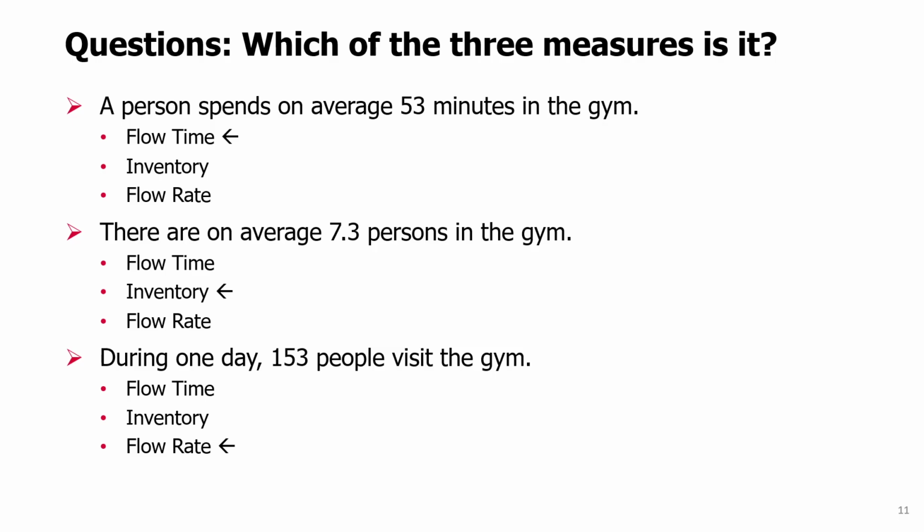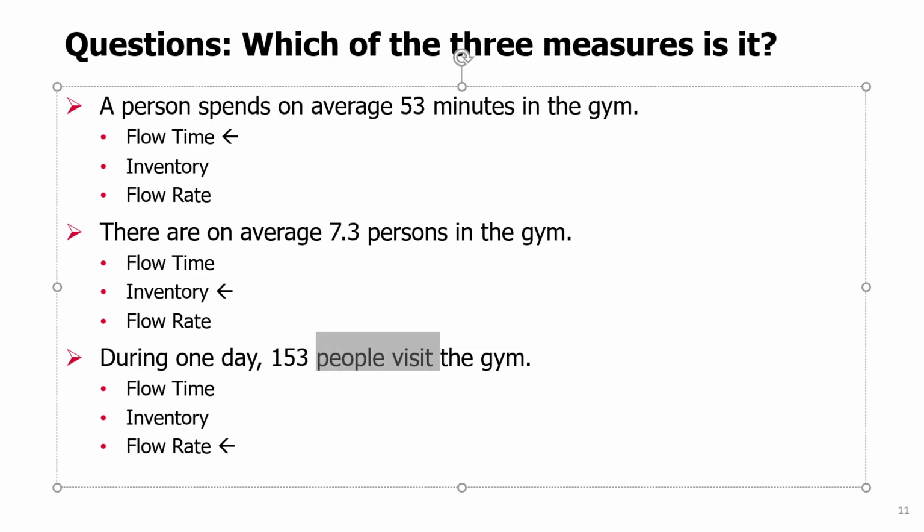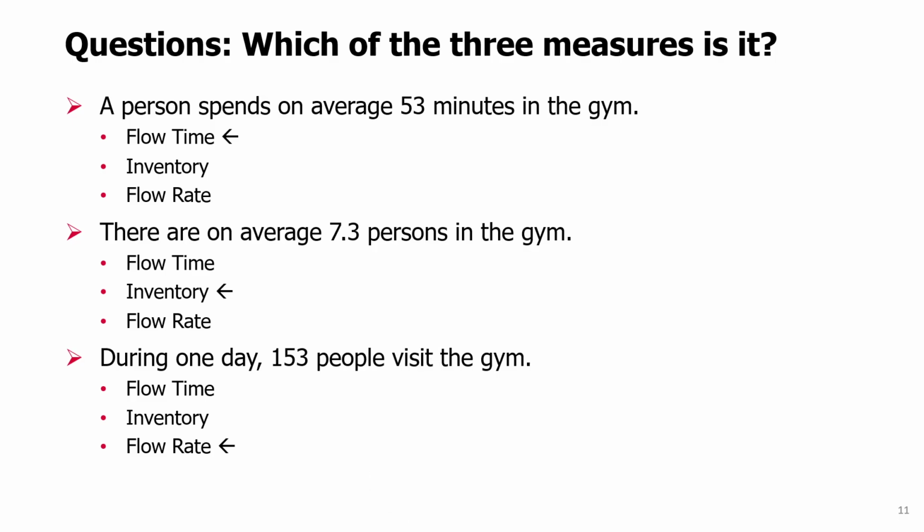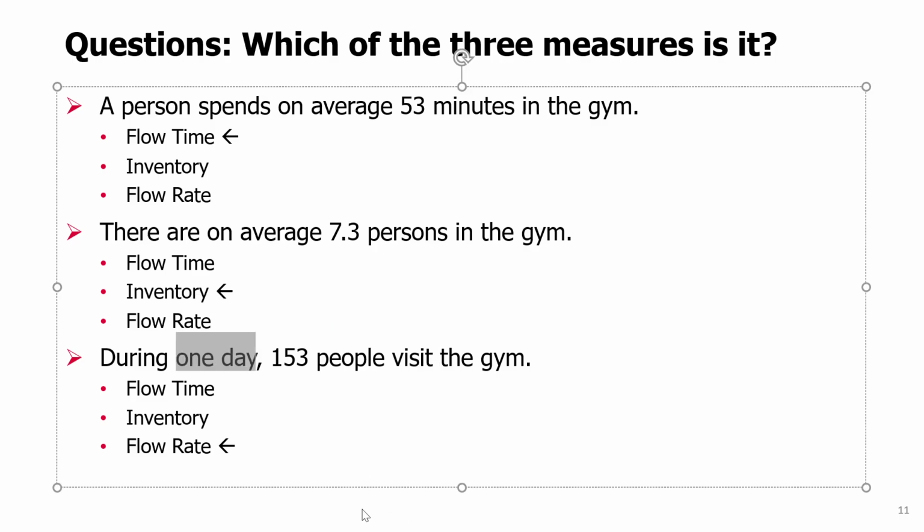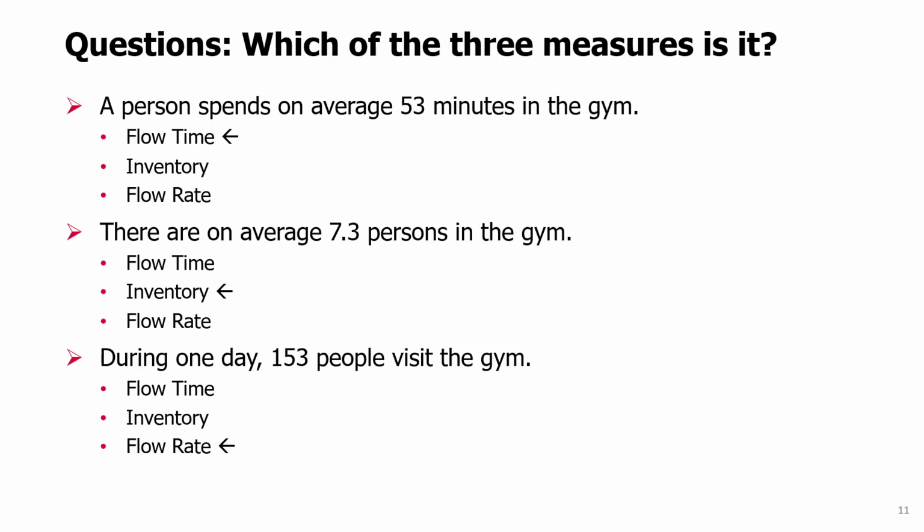And so I want you to see that this is actually a flow rate measure because it talks about units of flow, which is people who visit the gym, per unit of time. In this case, the unit of time is one day, right? So the flow rate on this one day was 153 people per day.